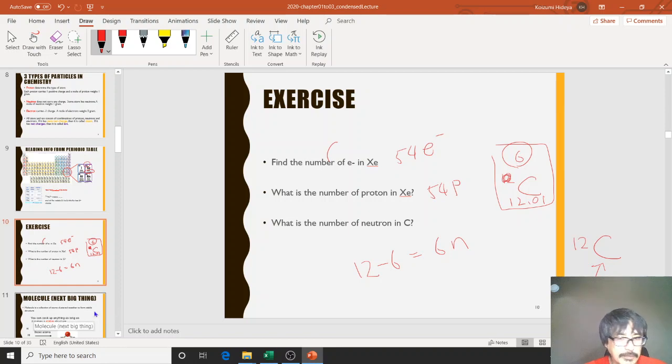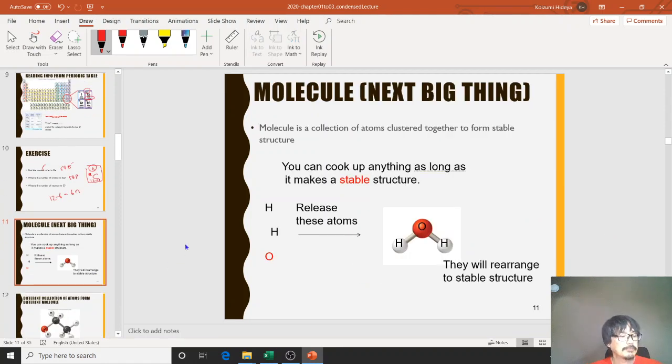That probably completes the atoms. Now we're going into the molecule. The molecule is a collection of atoms. So if you start out with different atoms like H and oxygen, and release them in a closed container, eventually the group of atoms get together to form this H2O.